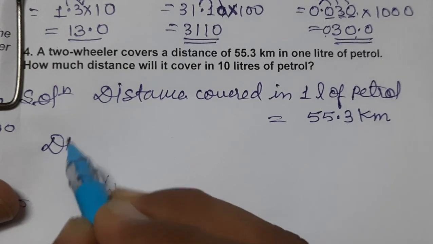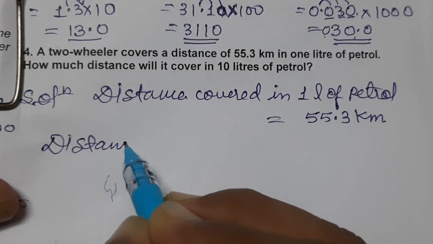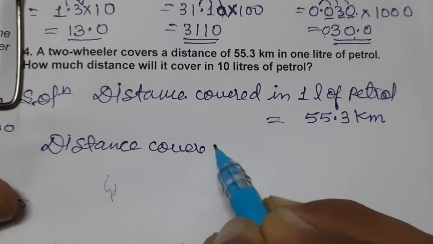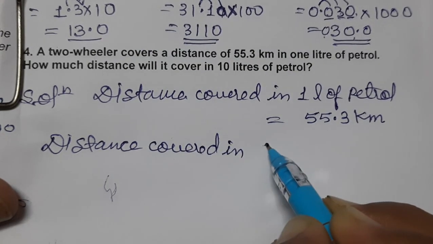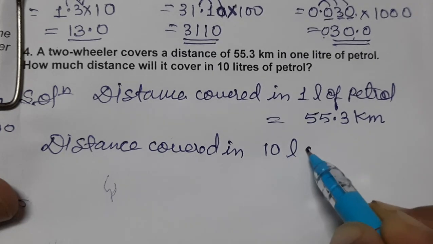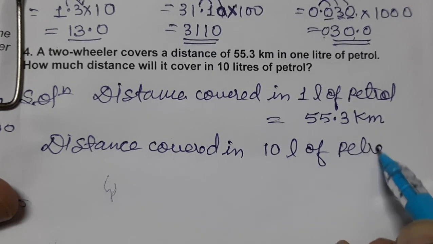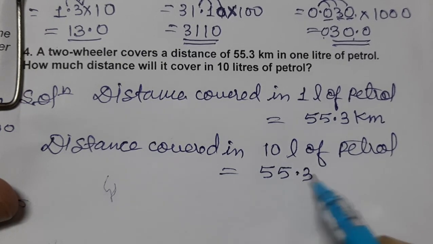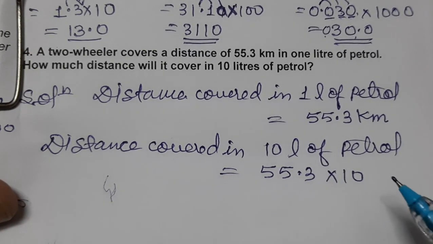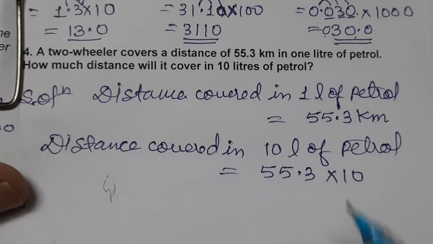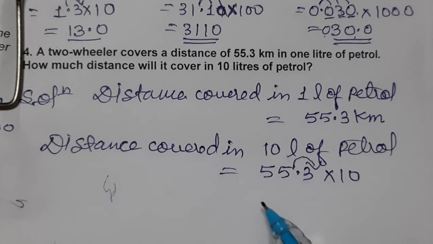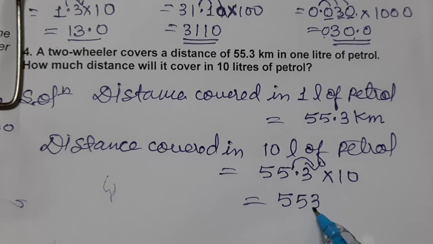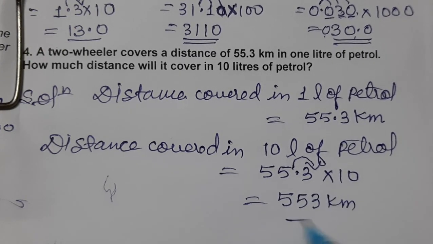Therefore, the distance covered in 10 liters of petrol, multiply by 10. 55.3 into 10. And we know very well, when multiplying by 10, the decimal will shift one place right. So 553.0, simply 553 kilometer.